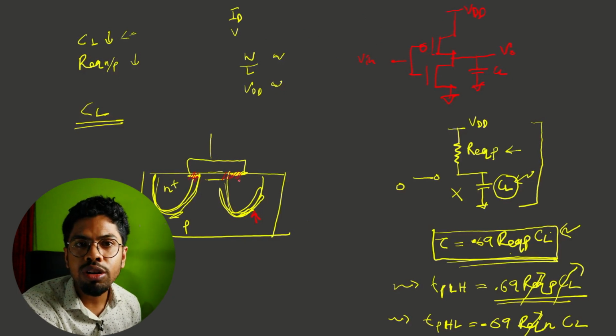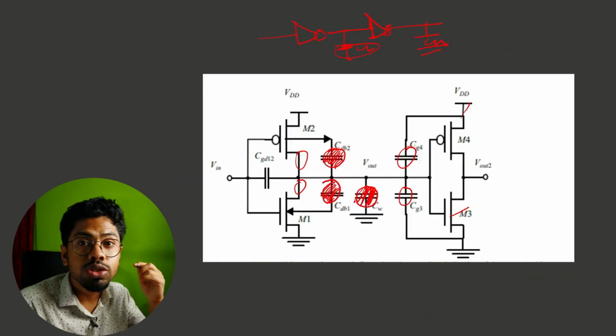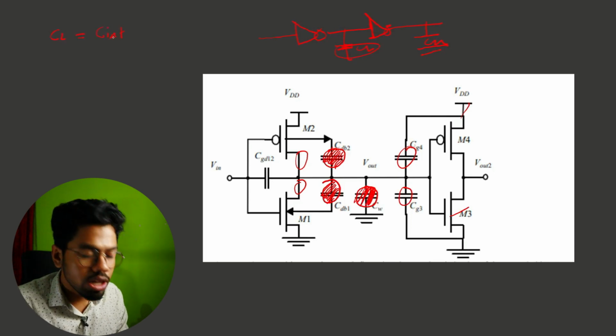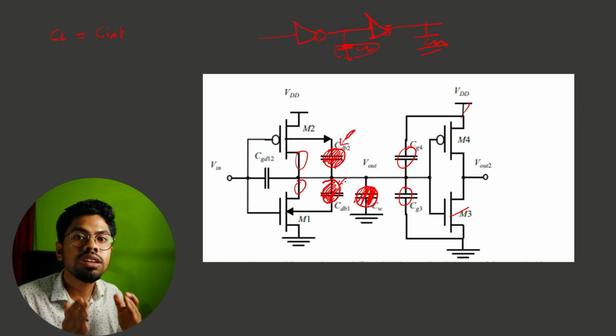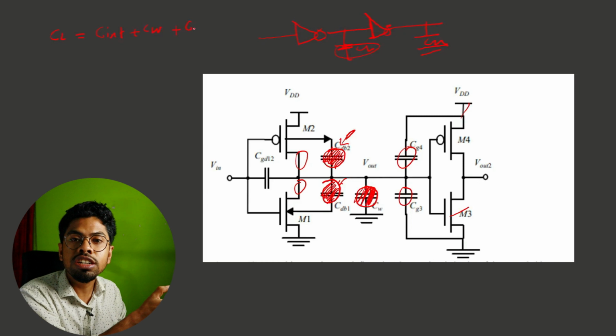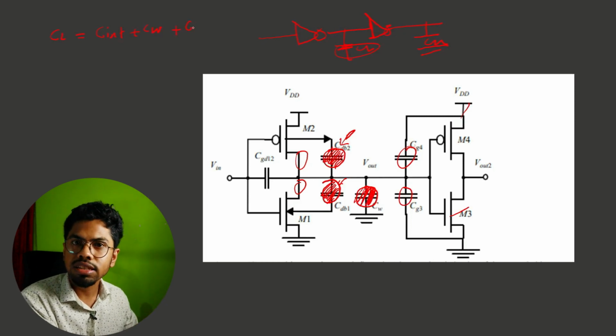These are because of fabrication non-ideality, and we can't avoid it. It will be there. So in one statement, your CL is comprised of the internal capacitance, which is due to the diffusion capacitance of your inverter, then your wire capacitance, and the capacitance from the external load. In this case it is a second inverter, but there could be any other circuits also.